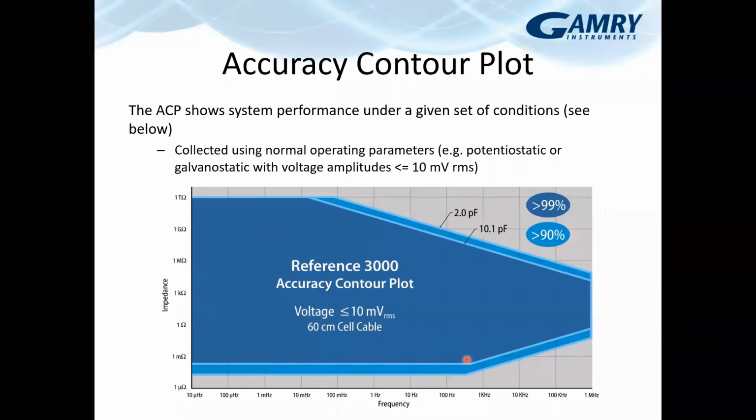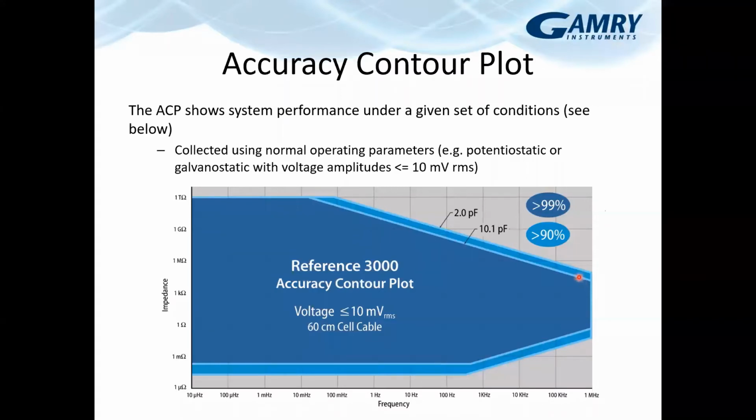On the low impedance side, you also have a pinching effect. This is again due to the cell cable, but now it's due to mutual inductance, which we'll come back to in a little bit. We can compensate for some of it, but that puts a real limit on what the system can do. So if you're trying to make high frequency measurements out here, you're going to be limited.